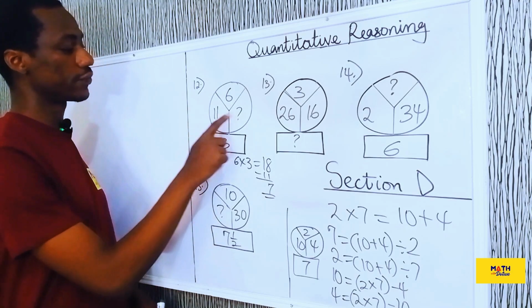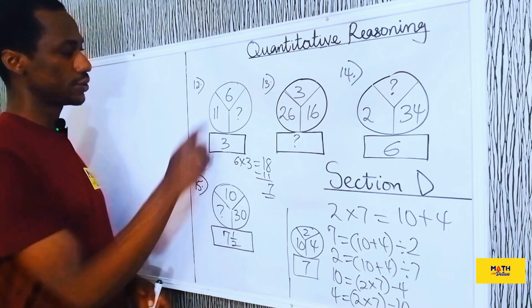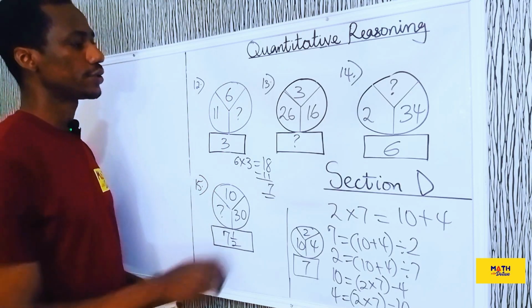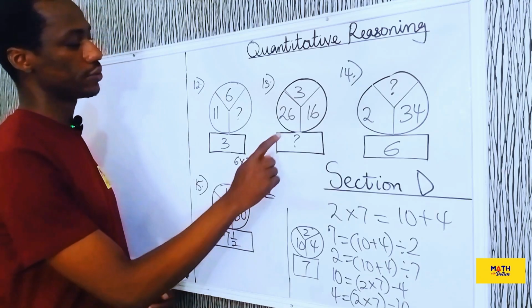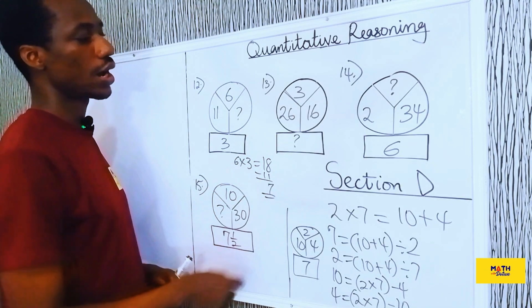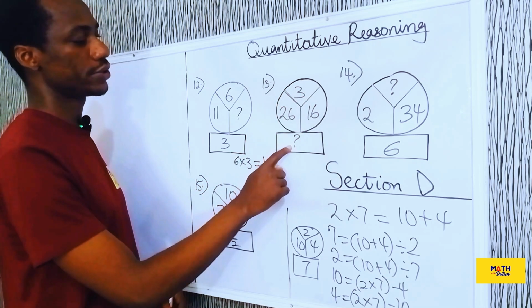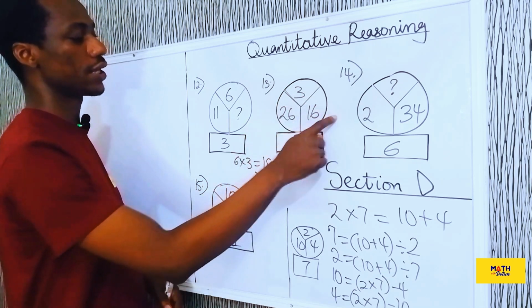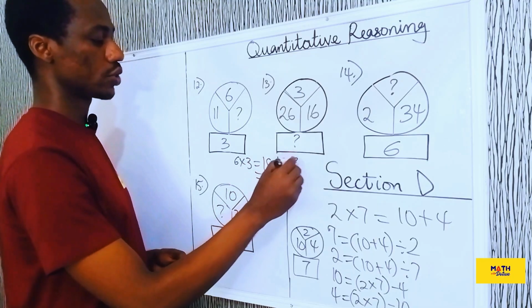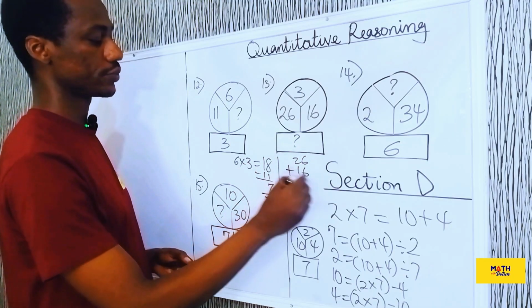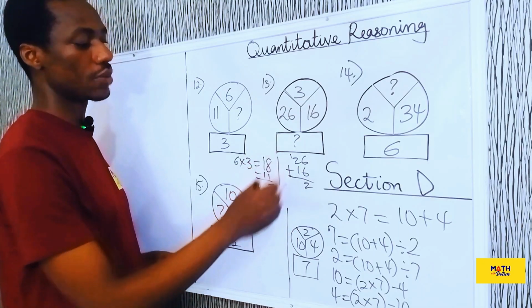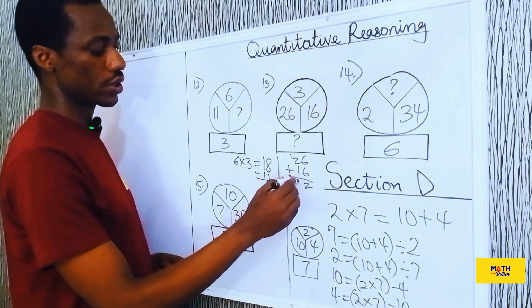You can always check. Put 7 back. 11 plus 7, 18. 6 times 3, 18. Balance. Now, in number 13, we have the other part of this multiplication missing. So how do we do it? You know that this times this will give you this plus this. So first, let's work out this plus this. 26 plus 16: 6 plus 6 is 12, write 2, carry 1, 1 plus 2, 3 plus 1, 4.